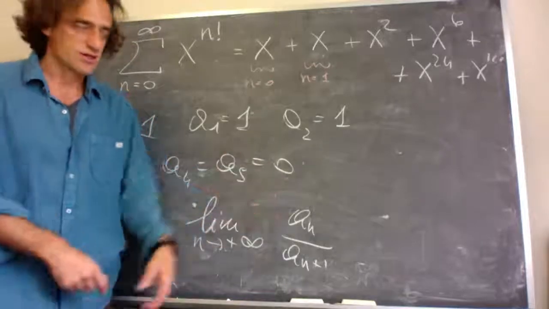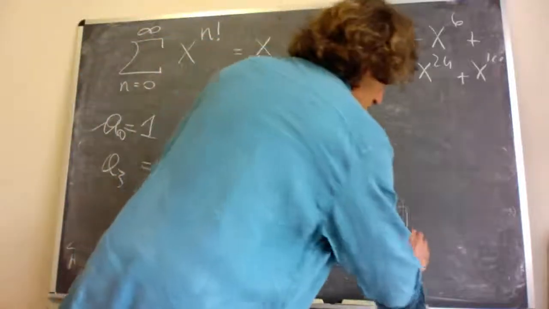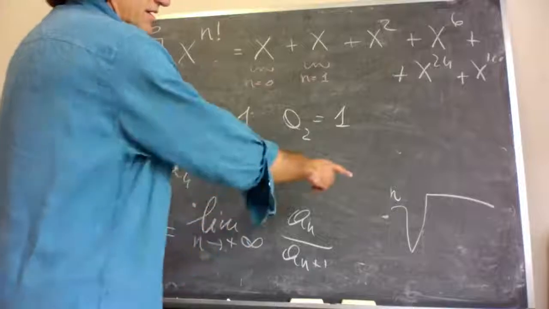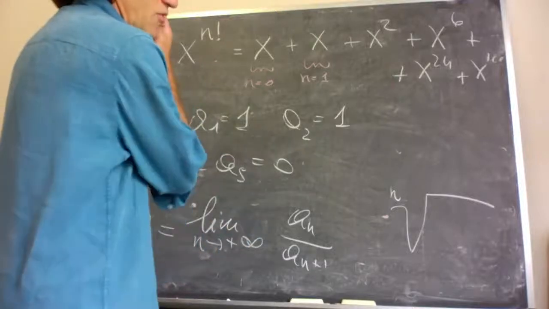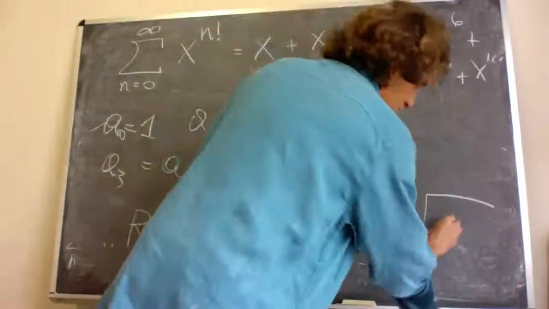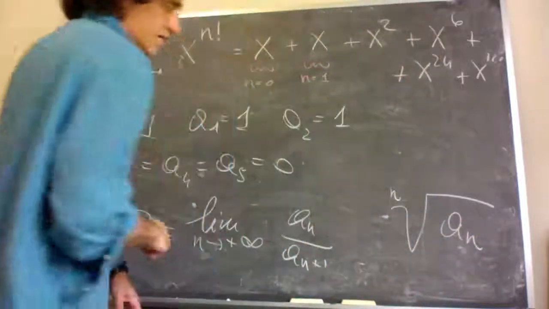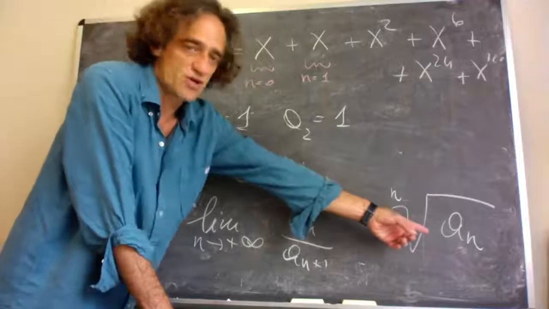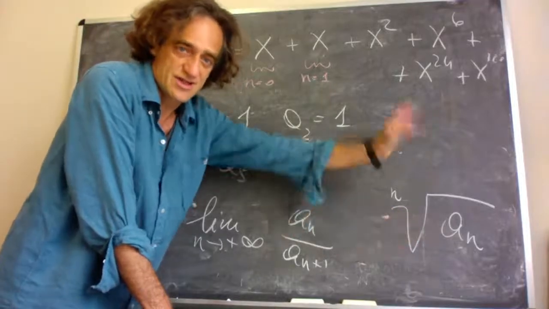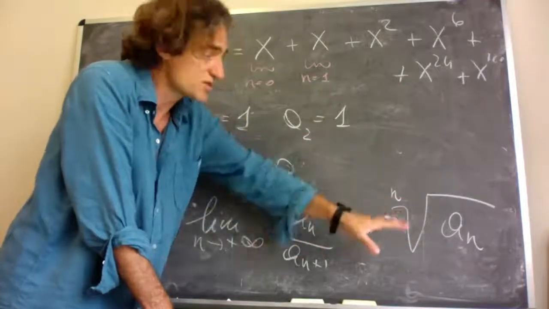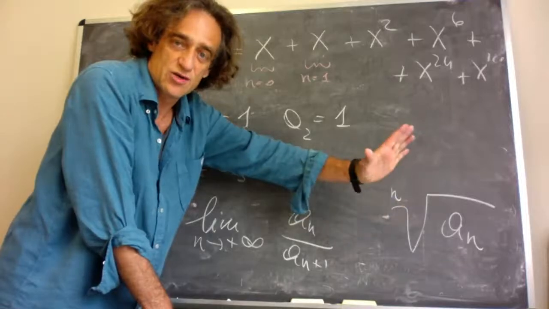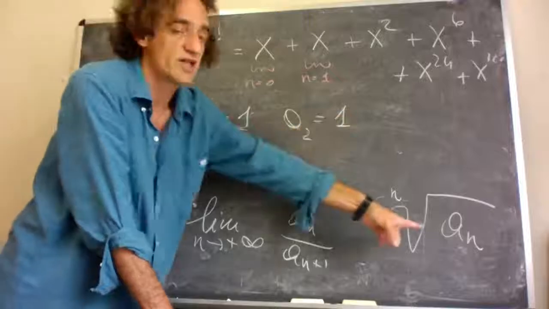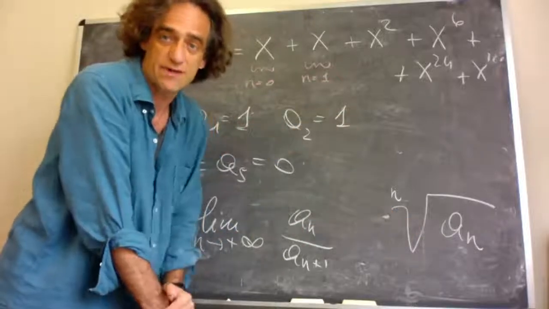And even the root criterion cannot be applied. If you have the power 1 over n, so the nth root of a_n, here you don't have a limit because most a_n are zeros. So there are some subsequences on which this sequence is constantly 0. In other subsequences, it is equal to 1. If you take n factorial, you always find 1.